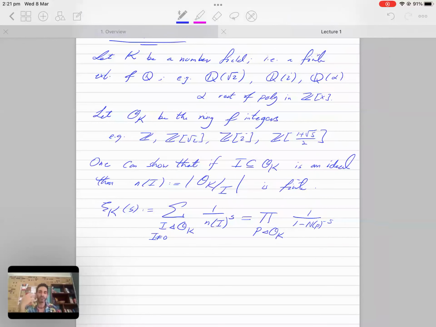So there's analytic continuation, there is a functional equation, and there's the expected Riemann hypothesis. The functional equation, of course, becomes more intricate and is going to involve what is called the analytic class number formula, which is a really beautiful formula in algebraic number theory, but we don't need to worry about that quite yet.